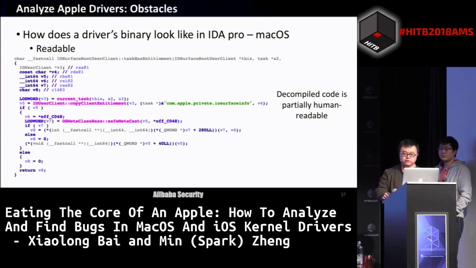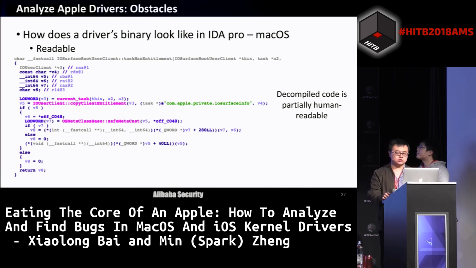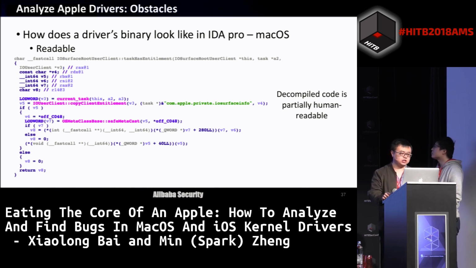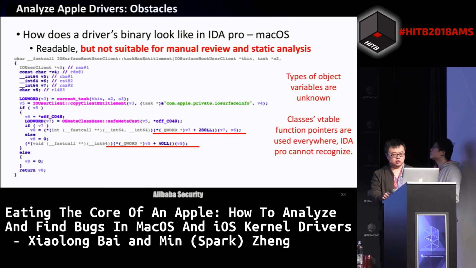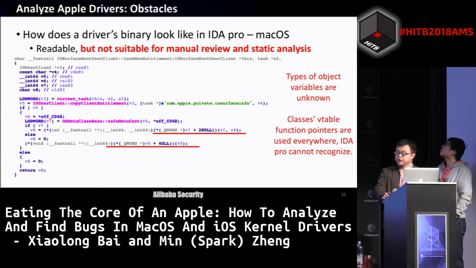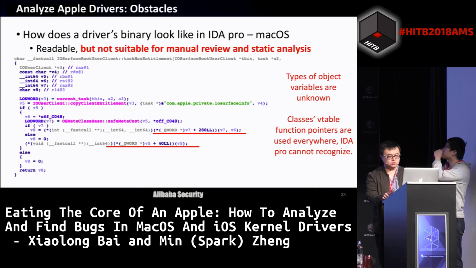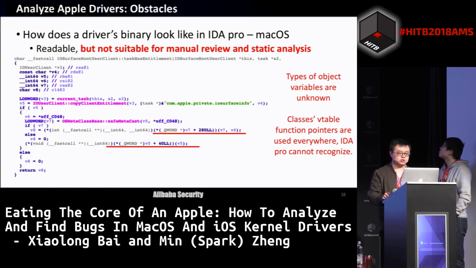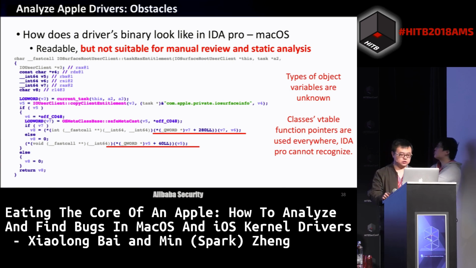So with these benefits, it seems that functions in macOS drivers, the compiled code can be partially human readable. It seems that we can understand this code. But actually, you can see that there are many function pointers. These function pointers are all virtual function calls. We don't know the real target, the real function that is called with these function pointers. We don't know what functions are called here.